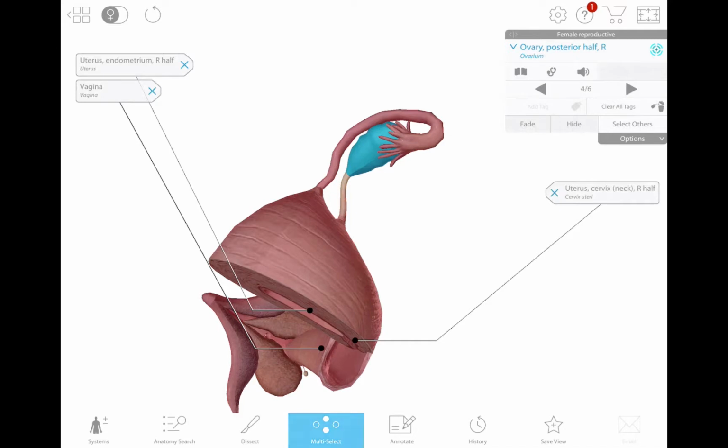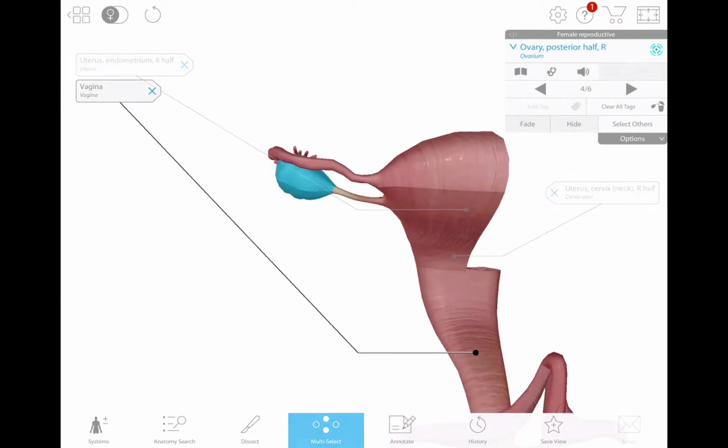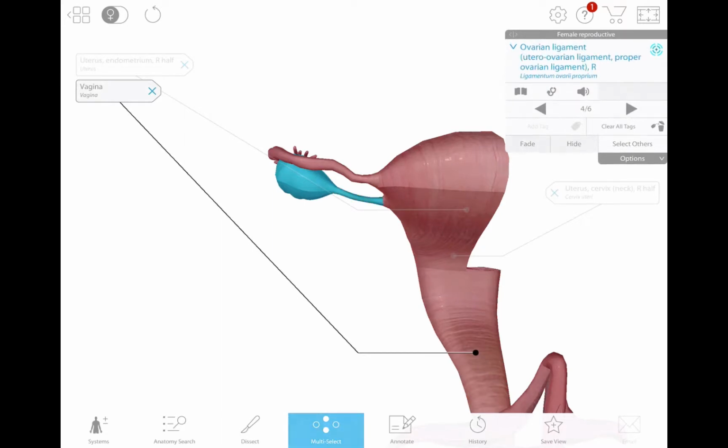And in addition, the ovaries, notice that they do have some ligaments, and those ligaments are actually going to be holding them up. So the one that's shown here is the ovarian ligament. That goes from the uterus to the ovary. There's another ligament that's called the suspensory ligament, and that's going to go from the ovary to the pelvic wall.